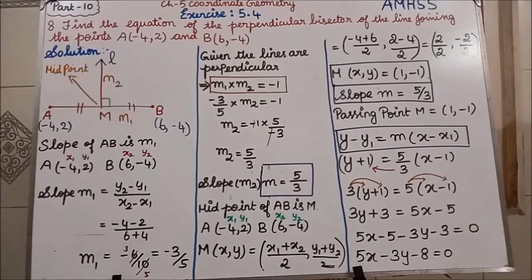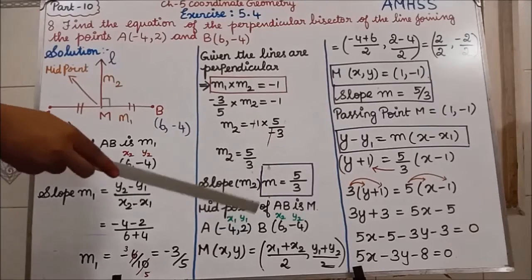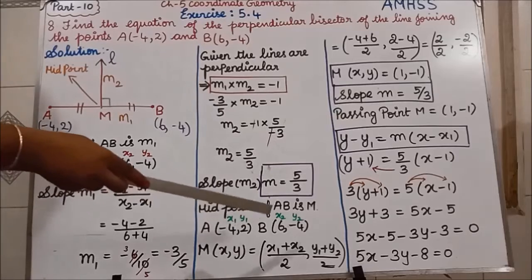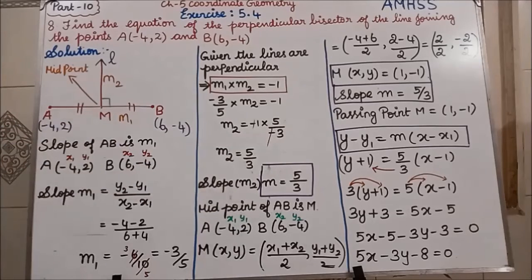Clear, students? So now M of x comma y is equal to (x1 plus x2) by 2 comma (y1 plus y2) by 2. That is our midpoint formula. We know x1, y1, x2, y2. We are going to just substitute.